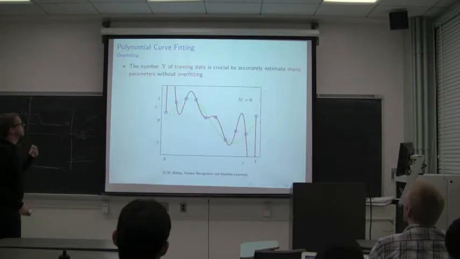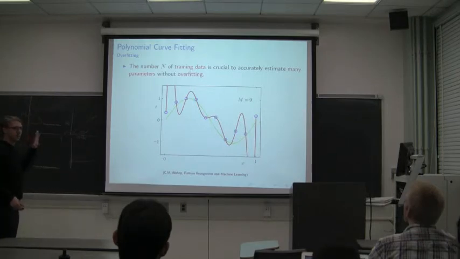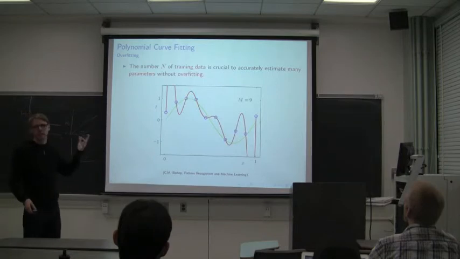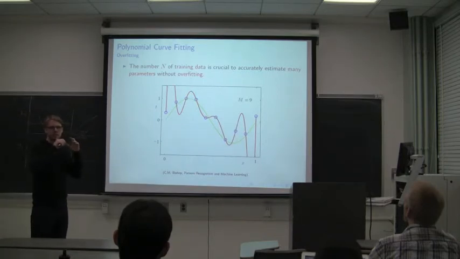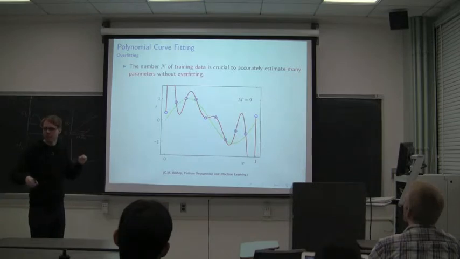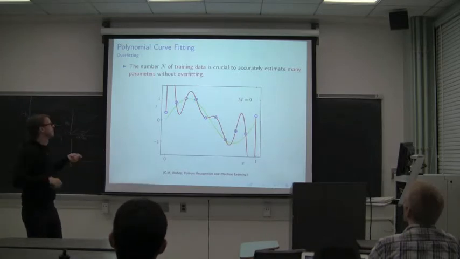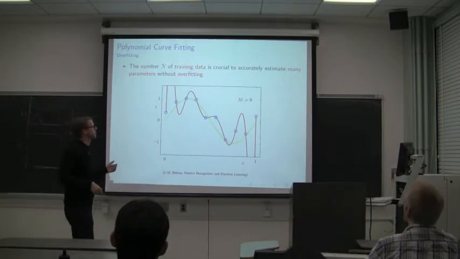So what we already observed is that the order of the polynomial is crucial for over- and underfitting. If you have a given data set and we increase the complexity of the model, we first get a better fit, because it reduces underfitting, and at some point the model becomes too complex and we get overfitting. But the size of the training data is also crucial in order to get an accurate model.